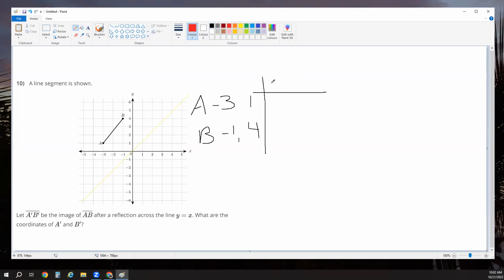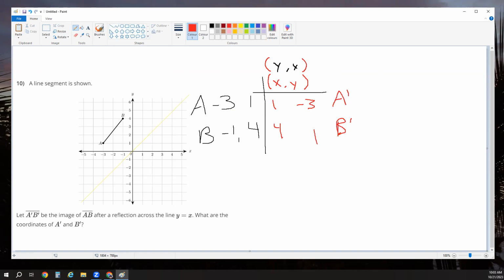New x and y term: the new x is the old y and the new y is the old x. A prime, B prime. So it's going to be 1, -3 and 4, -1.